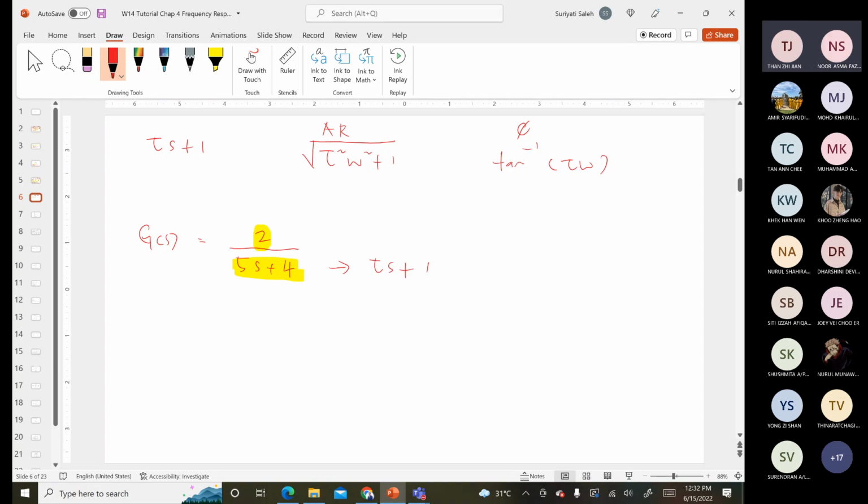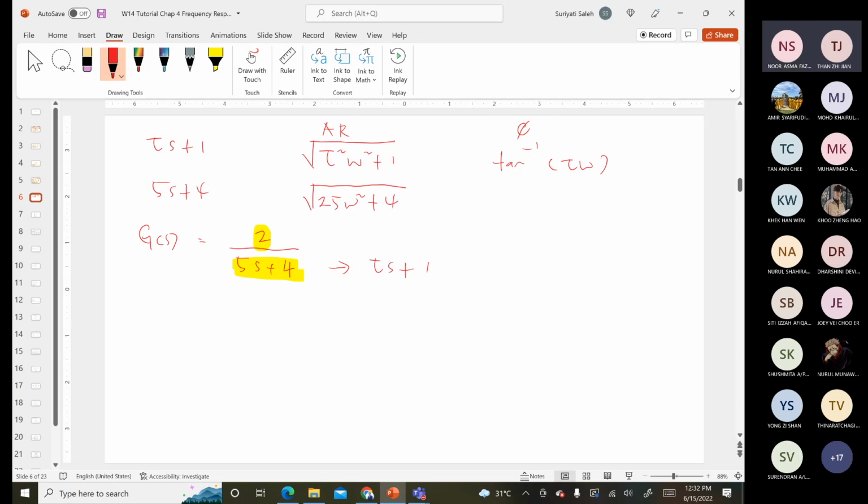In some cases, most of the students try to balance it. For example, here you have plus 4, so they try to convert it into the amplitude ratio, and it becomes like this: 5 becomes 25 W square, and then plus 4.